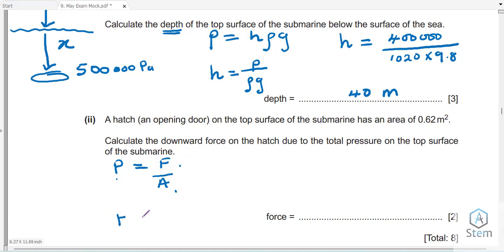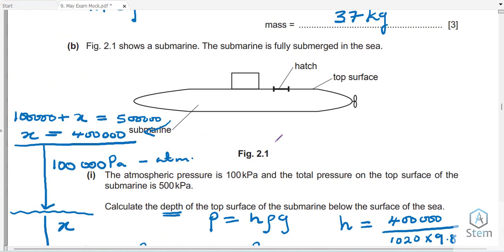So F is equal to pressure multiplied by area. The pressure on the H, which is a door, is 500,000 pascals. Or the pressure, which is the atmospheric pressure plus the water pressure, all that pressure is exerted on the H.